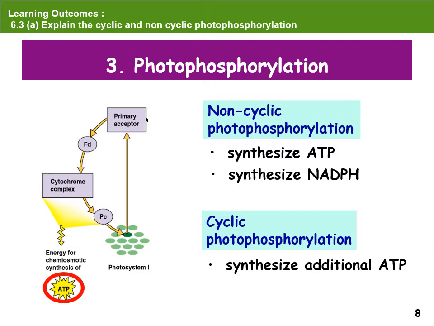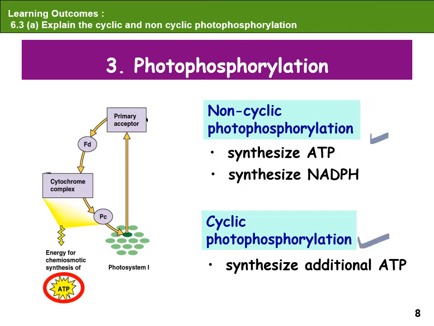Okay, and the third process is photophosphorylation. So photophosphorylation is a process where ATP is synthesized by using light or photon energy. And it divided into two, okay, photophosphorylation ni, iaitu non-cyclic photophosphorylation and cyclic photophosphorylation.